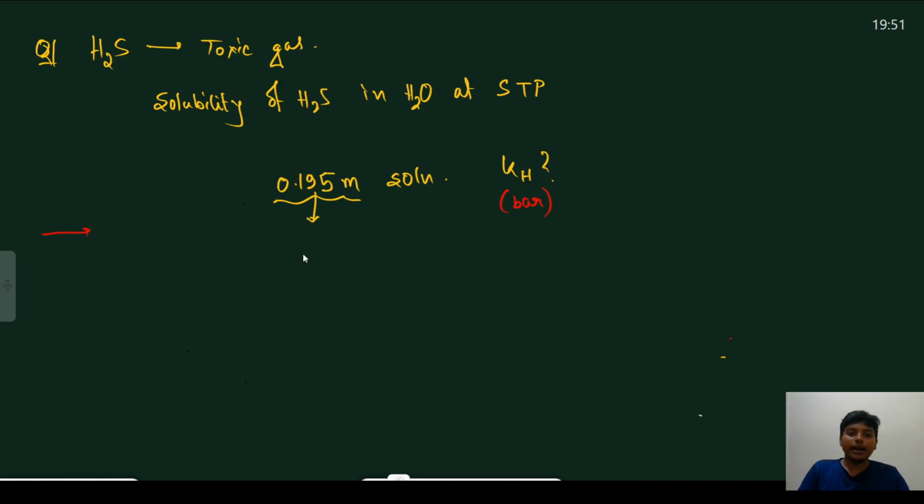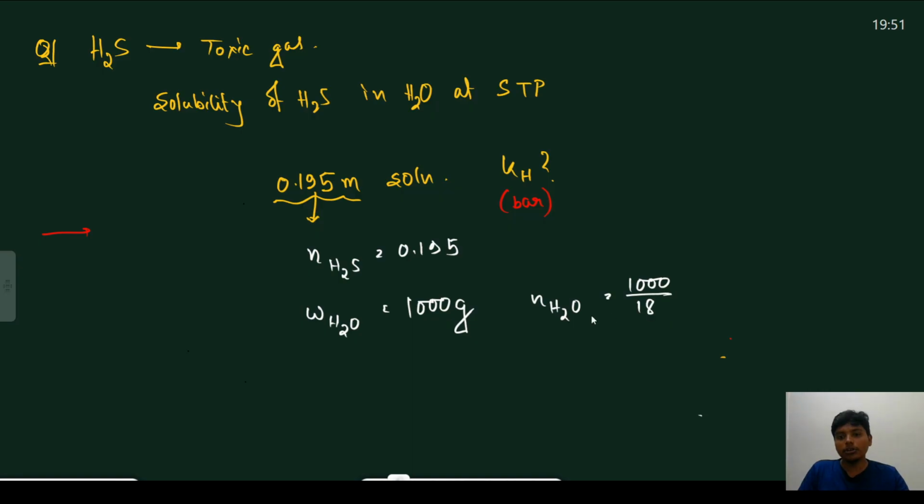When this is written, your mind should say that the number of moles of H2S is 0.195, and the mass of water is 1 kg, which is 1000 gram. If the mass of water is 1000 gram, then the moles of water will be 1000 divided by 18, which is around 55.5 mole.